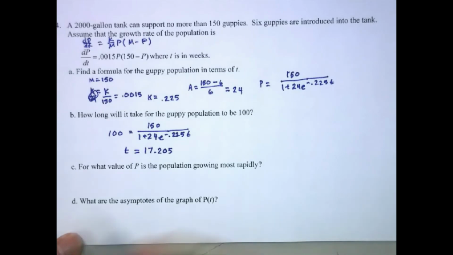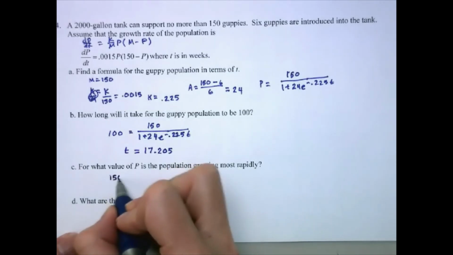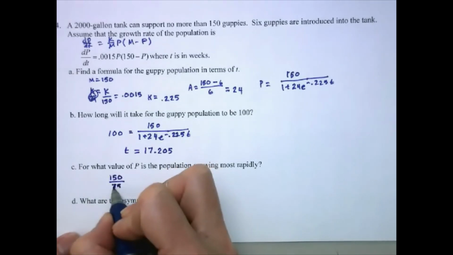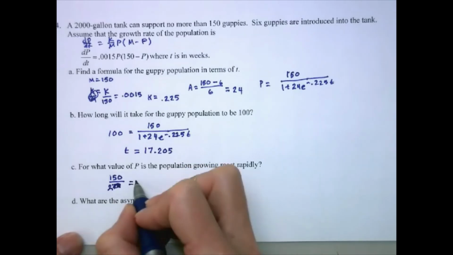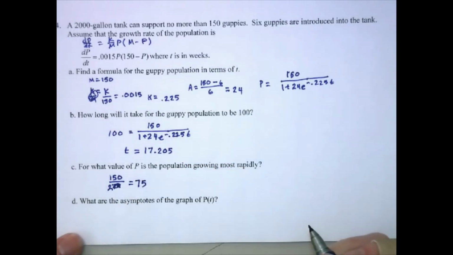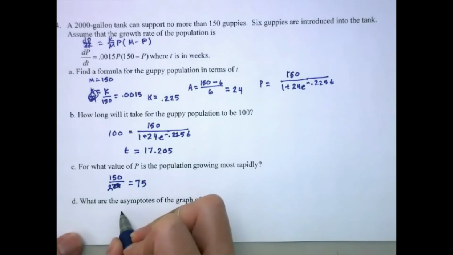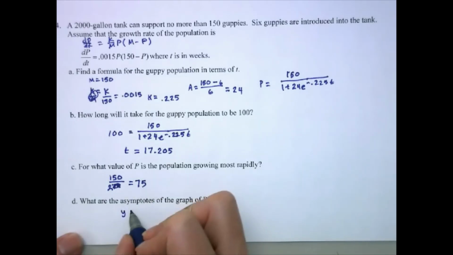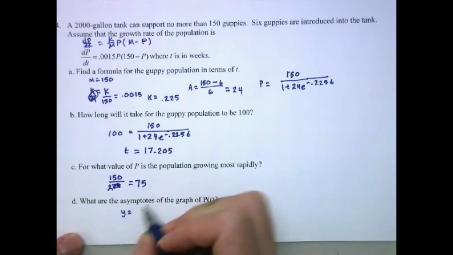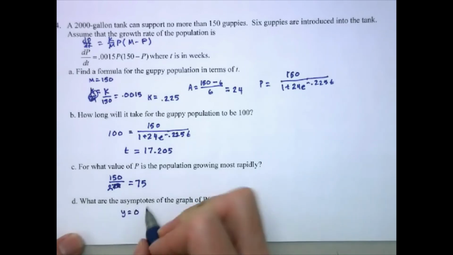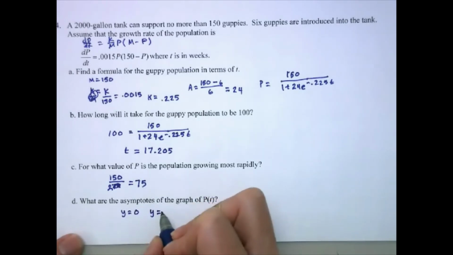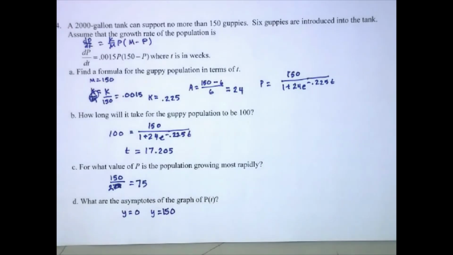For what value is the population growing most rapidly? Well, that's going to be at the maximum population divided by 2, which is 75. And then the last question, what are the asymptotes? That's going to be at y equals 0, or I guess P equals 0, and at 150.